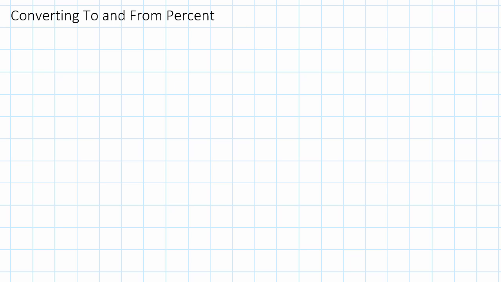So, the reason that we use percents is that they provide a nicer way of describing small numbers. If we have a small number then, how do we write it as a percent? Let's say we have the number 0.18, and we would like to write it as a percent.